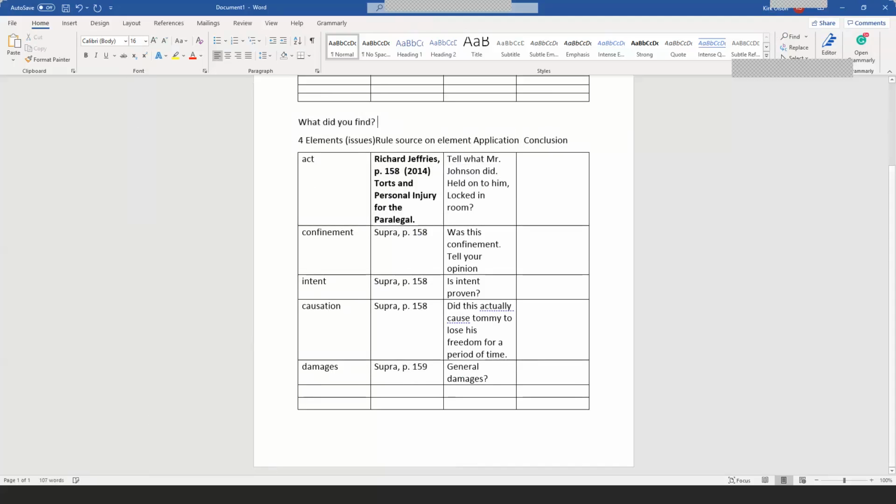And then where, and what you think, or your application, of course, what you think, and your conclusion. So the last two would be what you think, the last two columns.